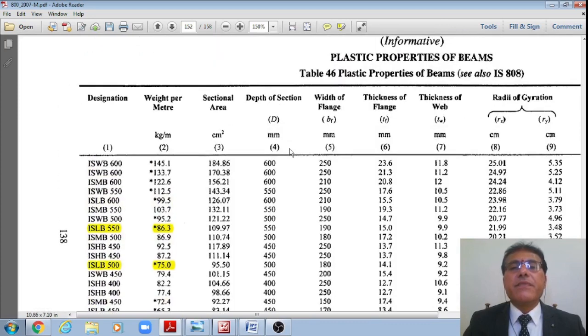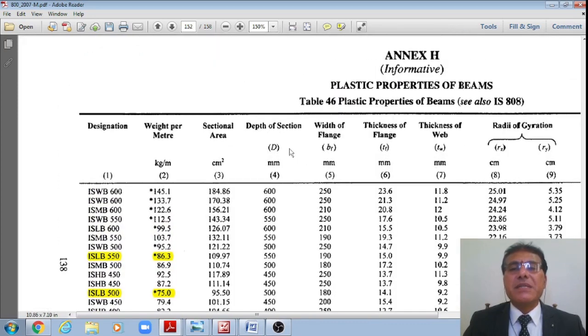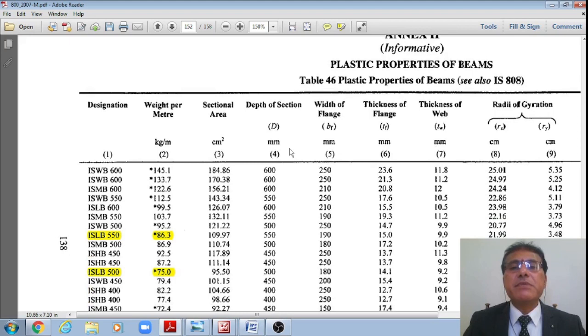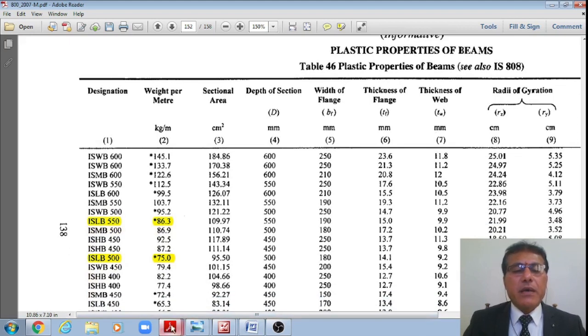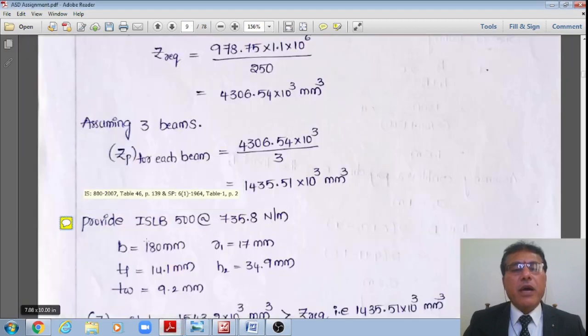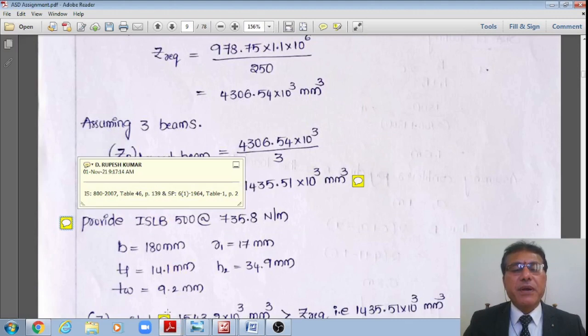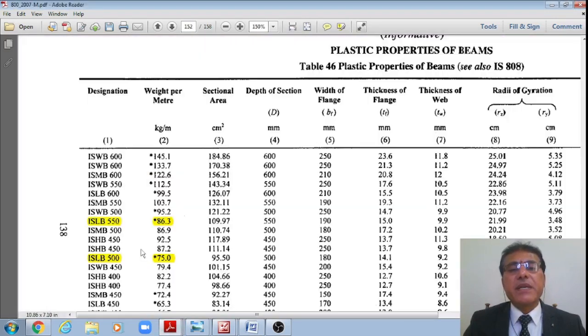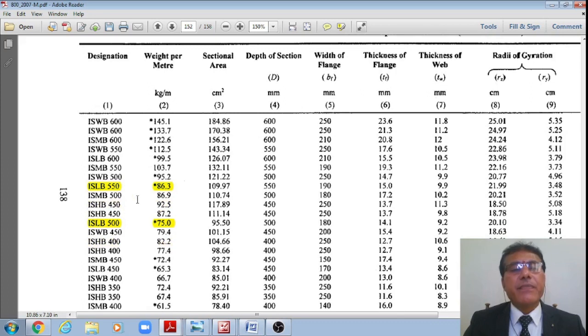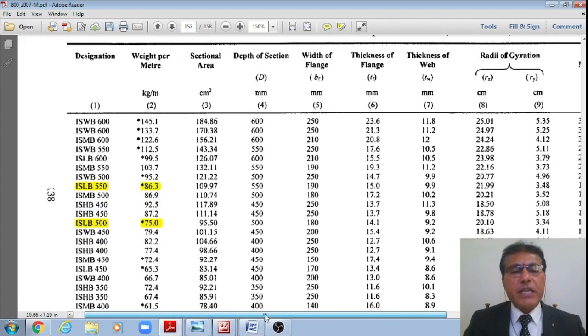This is Annex H, plastic properties of the beams. These are given, right? Wherein now I am trying with ISLB 500 at 75.0 kg per meter.